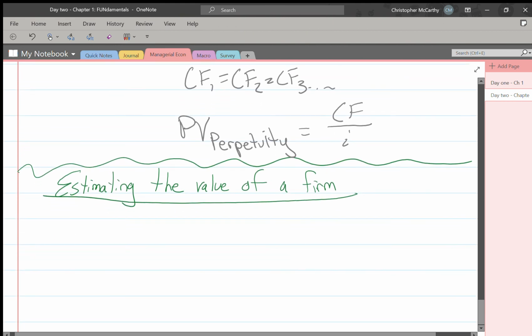And so for the value of a firm, first we're going to assume no dividends. Do we all know what dividends are? So you own stock, and they give you a share of their profits at the end of the year. It's discretionary. They can decide to do it or not.